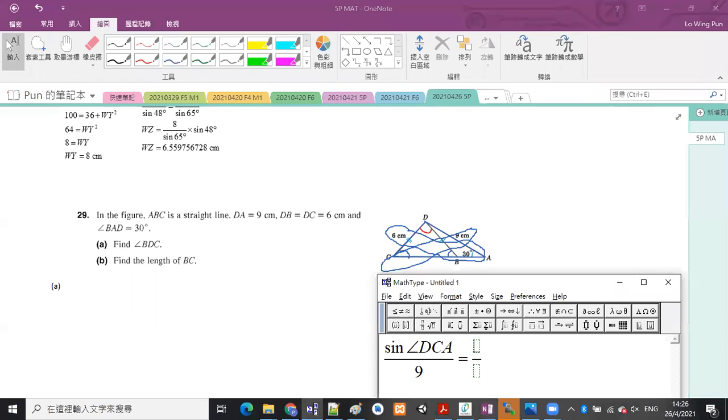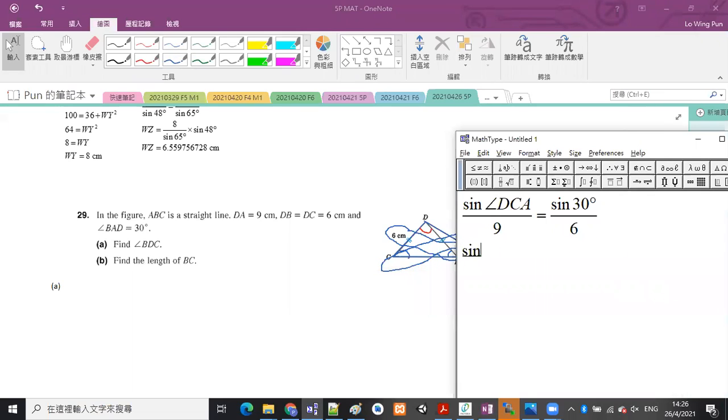And then the other pair is sine 30 degrees divided by 6. Then just multiply 9 to the right hand side. We have sine angle DCA equals sine 30 degrees over 6 times 9. And then sine angle DCA is equal to, calculator, so I think it should be 0.75, right?